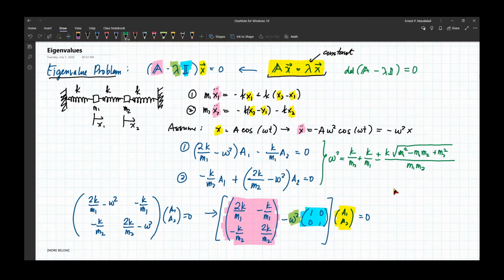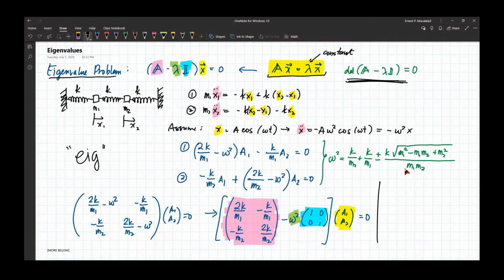Okay, so manually you should be able to determine the eigenvalues or the eigenfrequencies omega using this determinant. Now we can also do this by just using the eigenfunction.